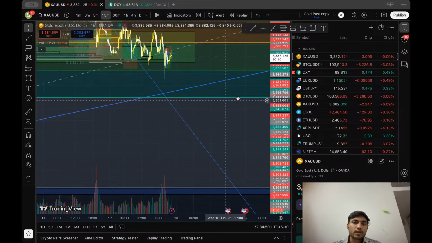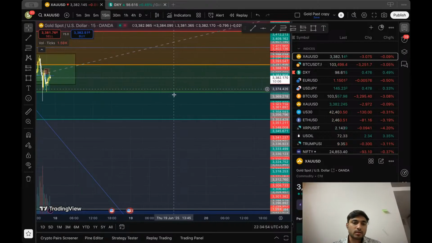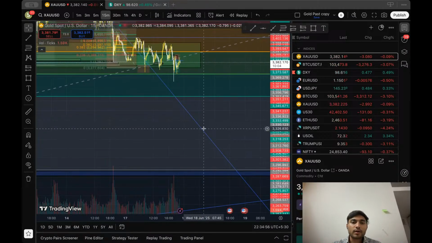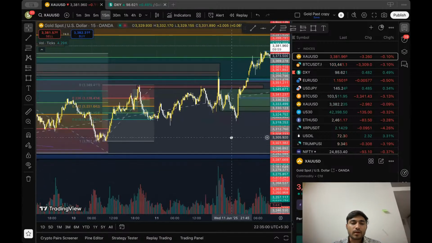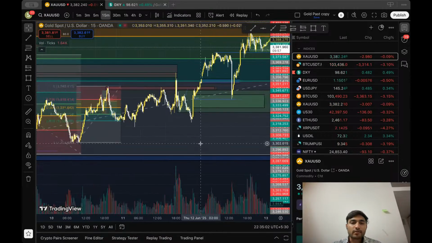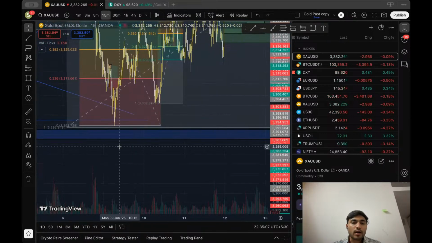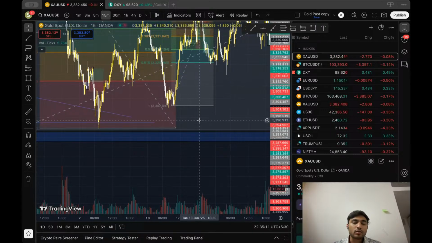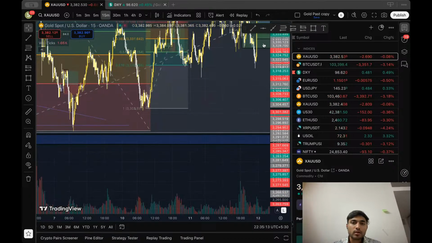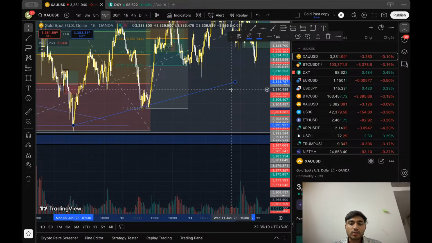Whenever you're drawing these trend lines in higher time frames, mind that in lower time frames, let the trend line be on openings and closings, mostly on closings. So I will just concentrate on the closings.